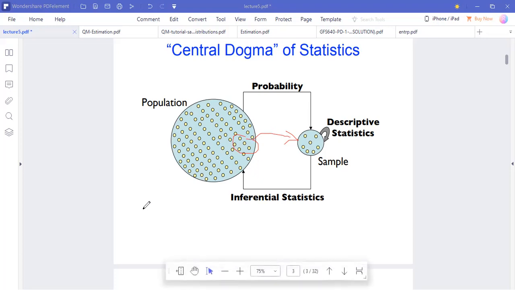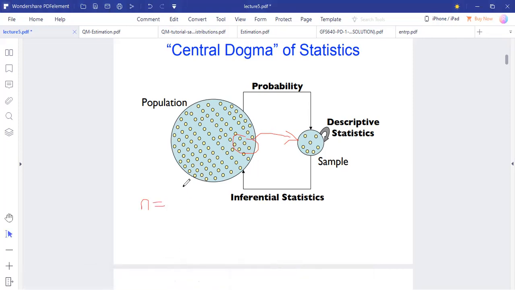We're going to look at two key formulas. Whenever you're asked to find the sample size, they're asking you to find n. n is given by z times the variance over the margin of error, squared.